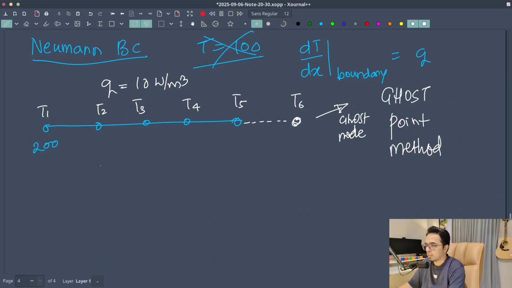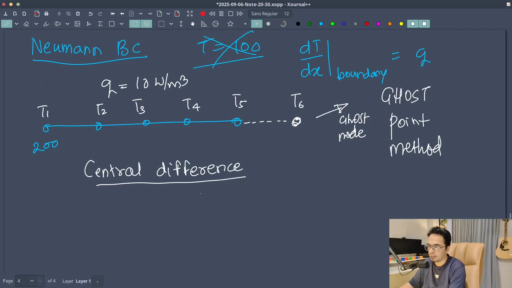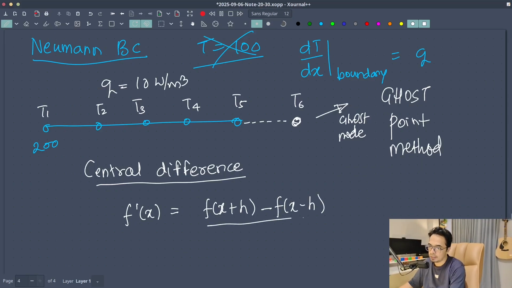Now, if you remember, we had talked about the central difference scheme for first order differential terms in the earlier video, which was that if we have f dash x, we will write it as f of x plus h minus f of x minus h divided by 2 delta x, right?